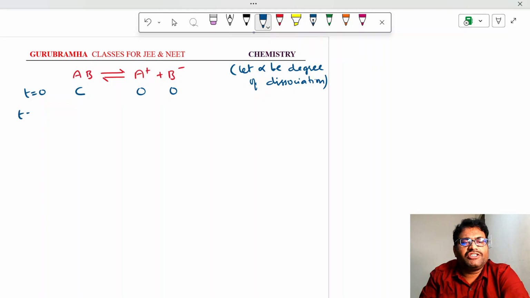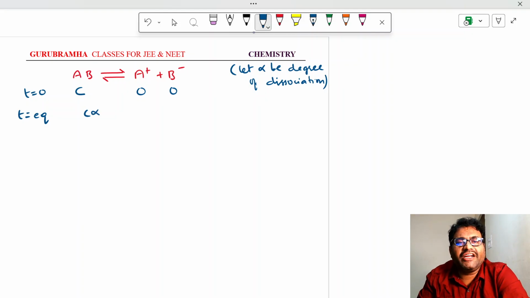At time t equal to equilibrium, let C alpha be dissociated or ionized. How much AB has been ionized? It is C alpha. This type of question, this pattern of explanation, we have seen in chemical equilibrium. How does this C alpha come?